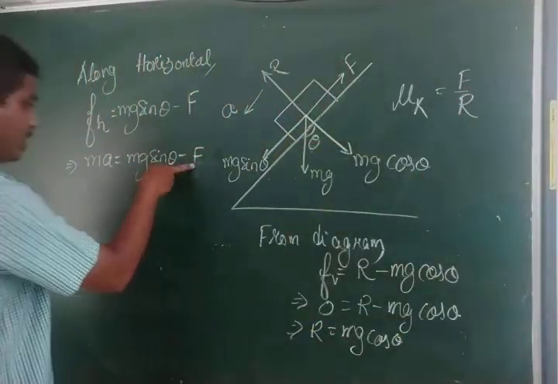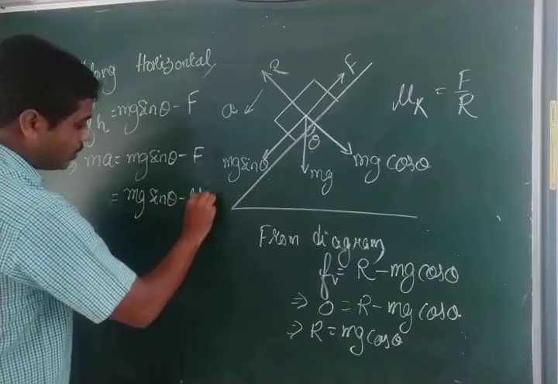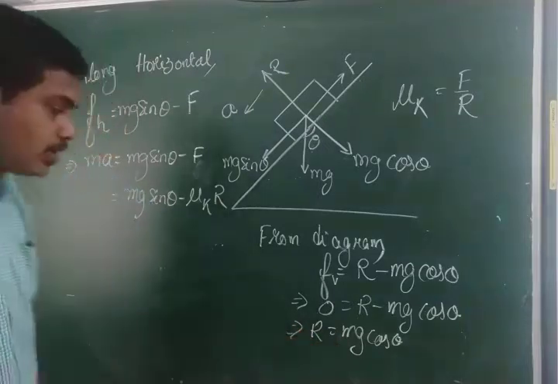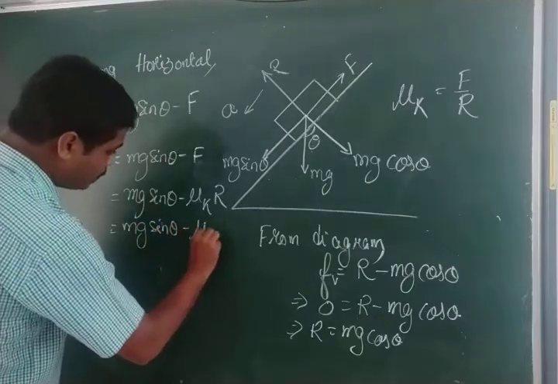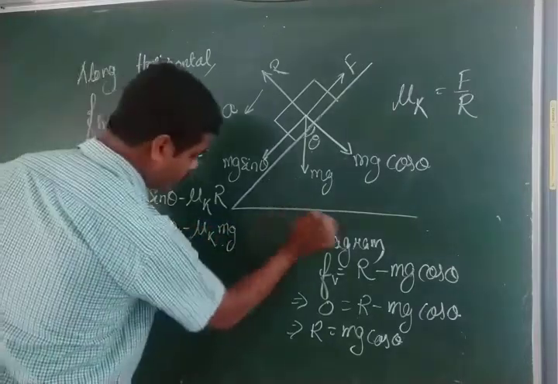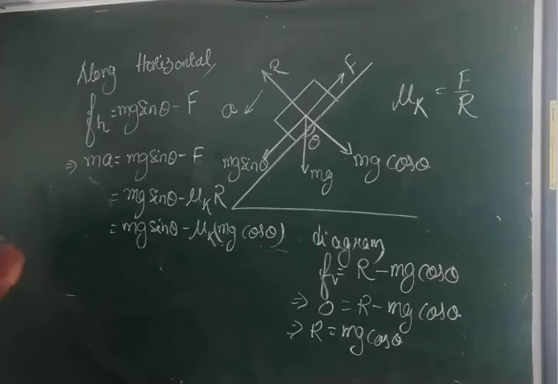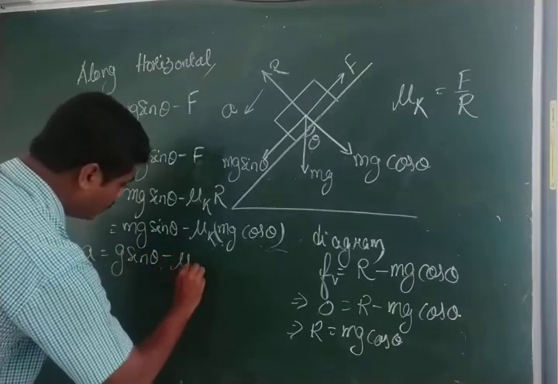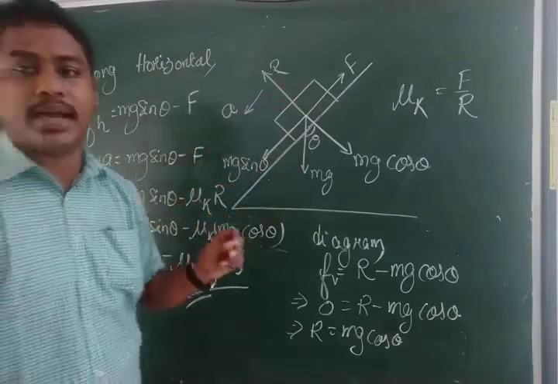So in place of F, I can write mu k into R. What is R? We have got R as mg cos theta. So mg sin theta minus mu k mg cos theta equals ma. Here you can take m as common, so m will get cancelled. What will you get? a will be g sin theta minus mu k cos theta. So this is the acceleration of the object sliding down the rough inclined plane.